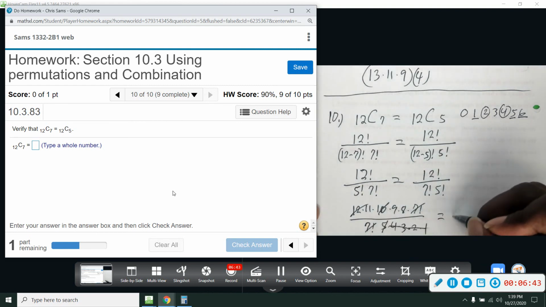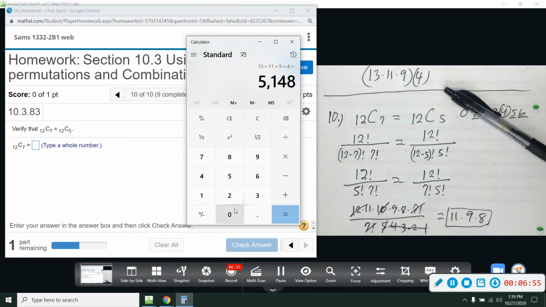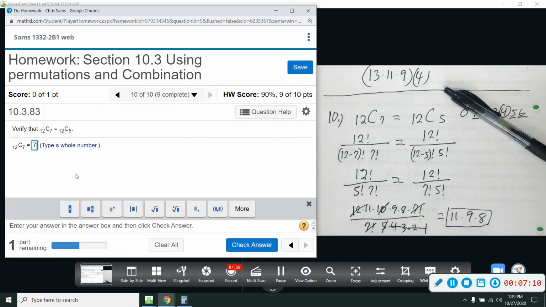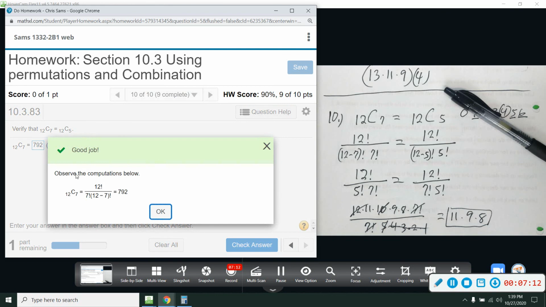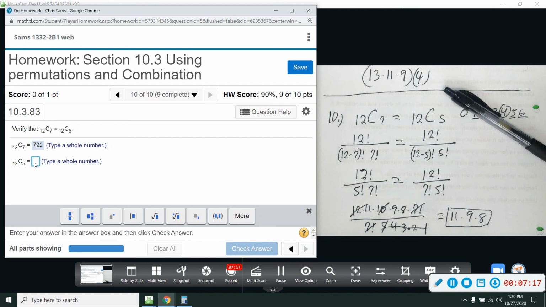So that leaves me with 11 times 9 times 8. That's what we get with 12 choose 7 and 12 choose 5. 11 times 9 times 8 is 792. And since they're both equal, we'll also get 792.